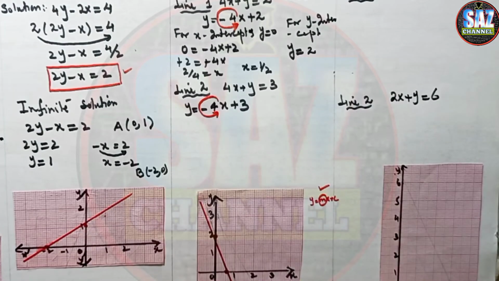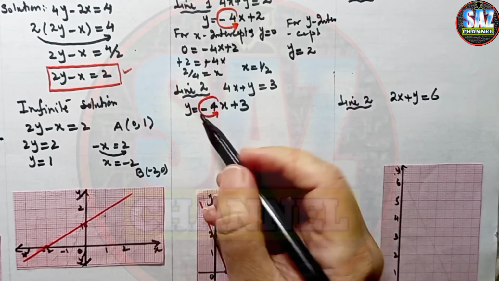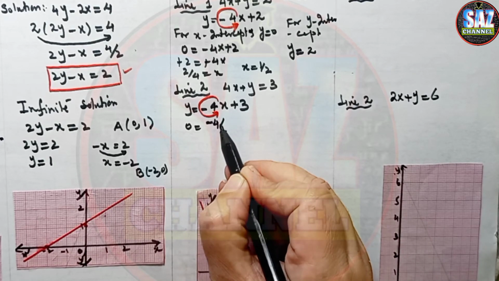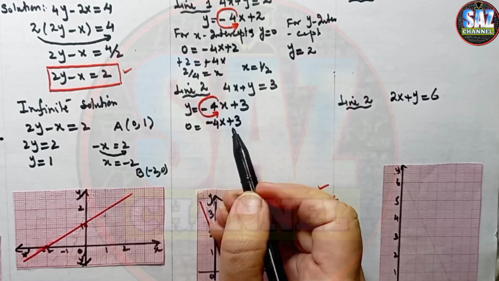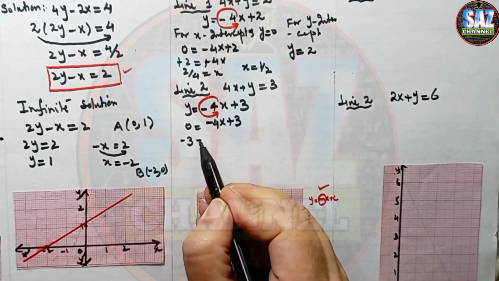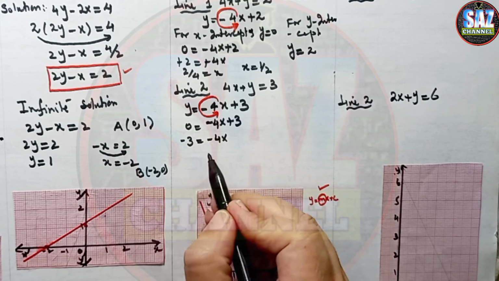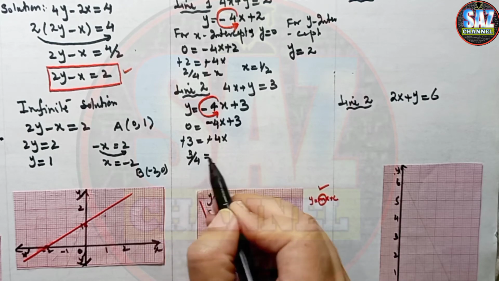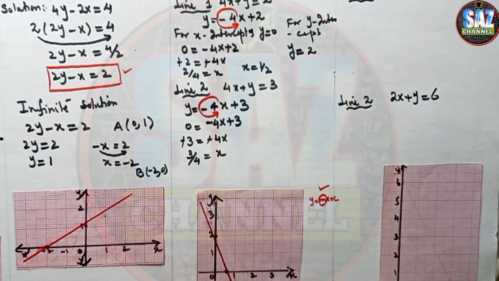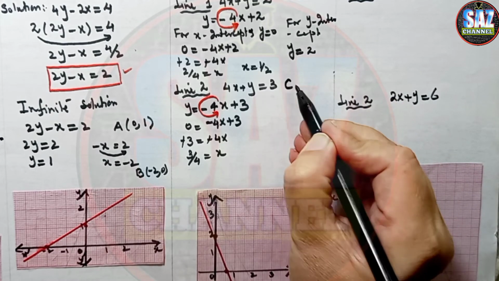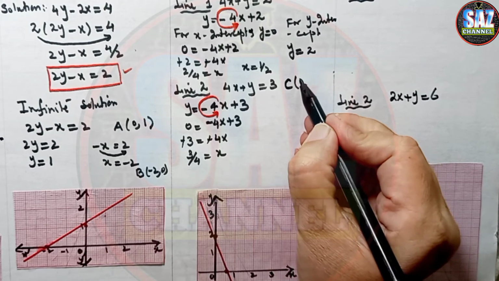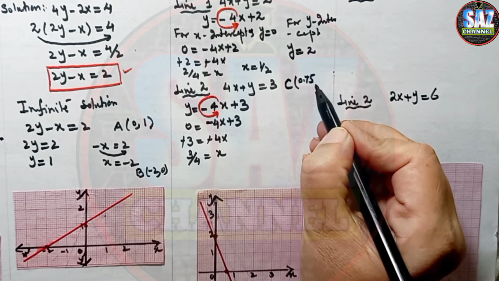Now for the x-intercept, I have to put y equals 0, and the equation will take the form minus 4x plus 3 equals 0. Shifting 3 to the other side, minus 3 equals minus 4x, or 3 by 4 equals x. So one of the points, point C, is x is 0.75, that is (3/4, 0).